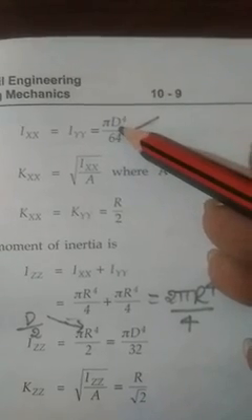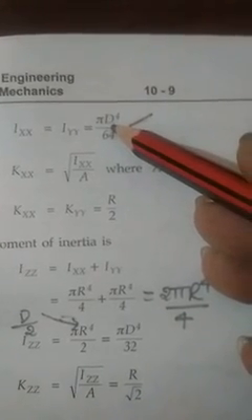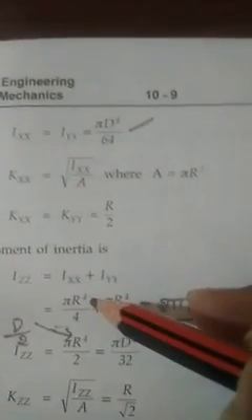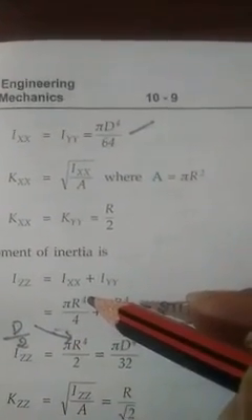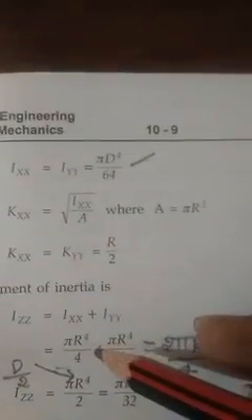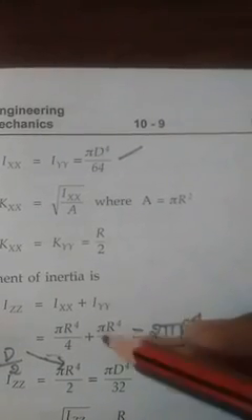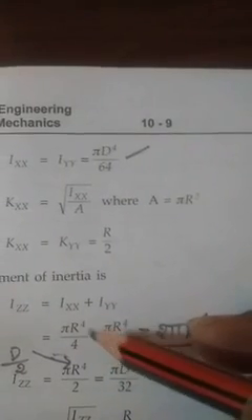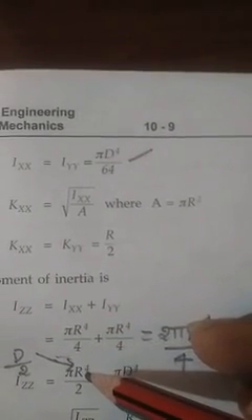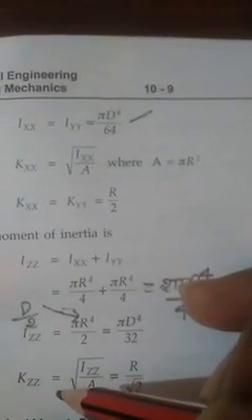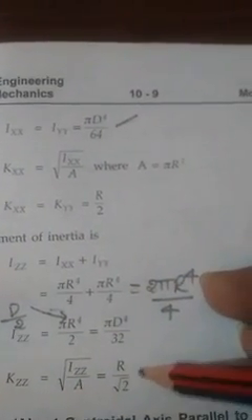If you put d is equal to 2r, then you will get pi d to the power of 4 divided by 32. Finally, the radius of gyration for the polar moment of inertia about the z-axis is r divided by root 2.